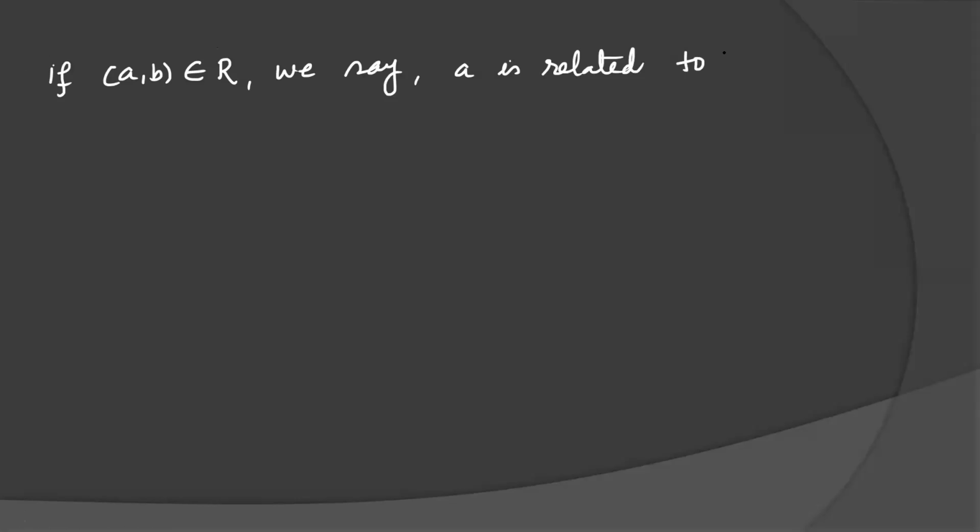Another notation for a relation is, if any ordered pair is in relation R, this is relation R, we say A is related to B, and we denote it as A related to B. This is the notation I am going to follow further. Please remember this. Let's see one example.